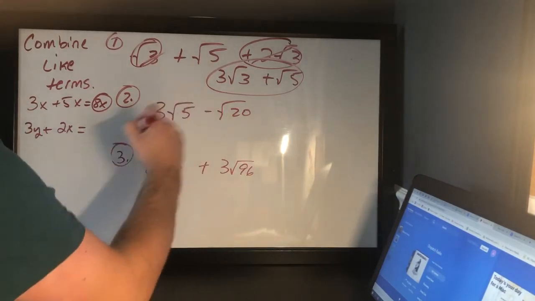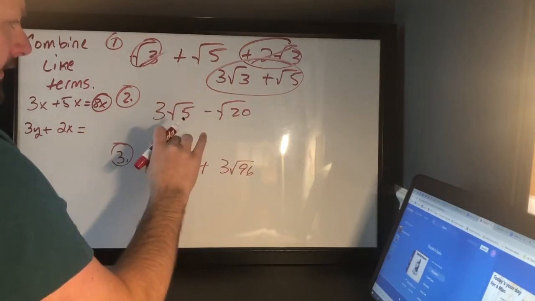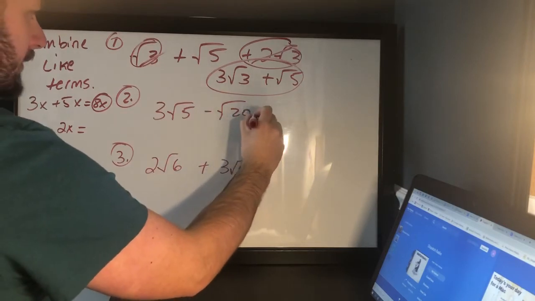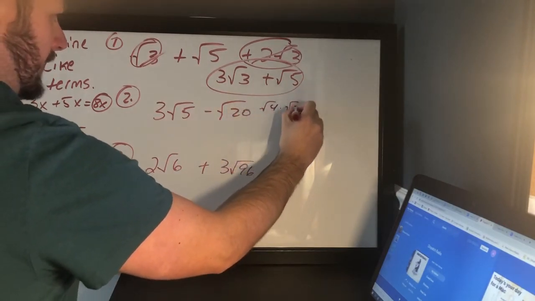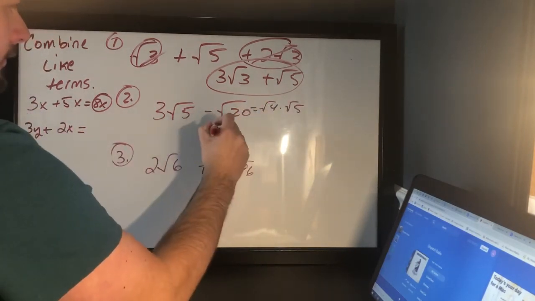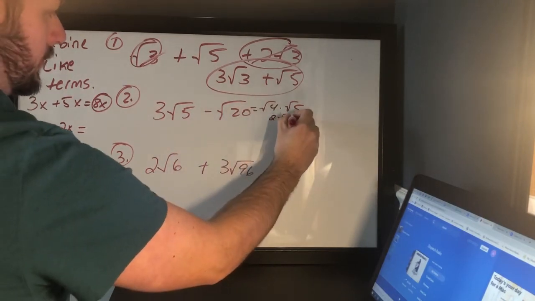Next one, radical 5 and radical 20. They don't match, so as of right now, we couldn't do anything. But we can maybe break this apart. So if we break this apart into radical of 4 times radical 5, right? Now, the square root of 4 is 2, so we get 2 radical 5.